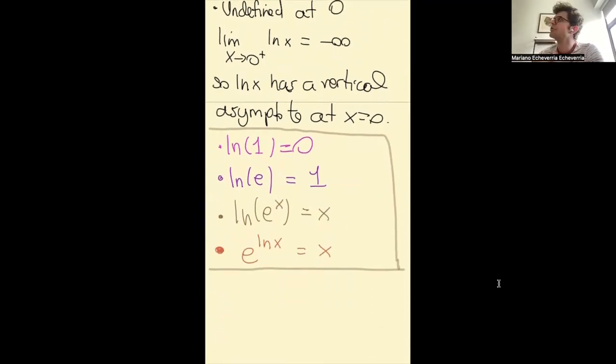And then three other important properties of natural log, which are the mirror version of the properties for the exponential.